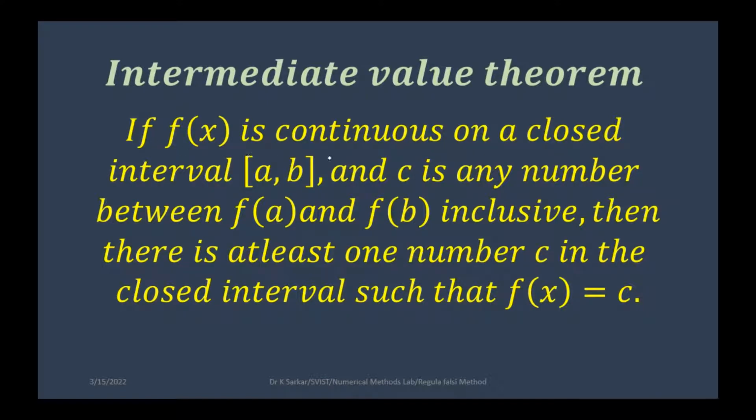If f(x) is continuous on a closed interval [a, b] and c is any number between f(a) and f(b) inclusive, then there is at least one number c in the closed interval such that f(x) equals c.